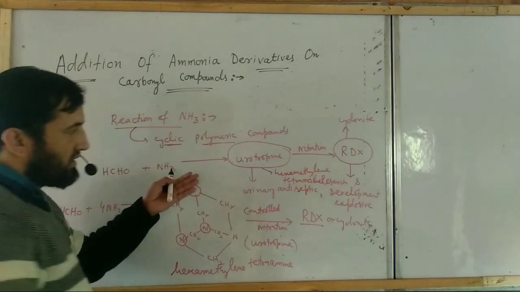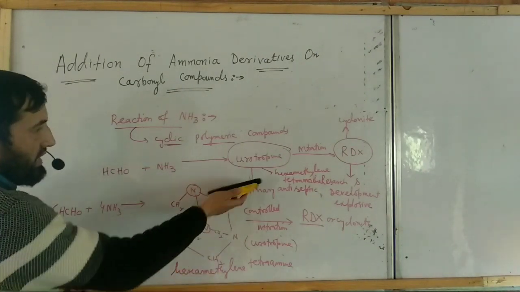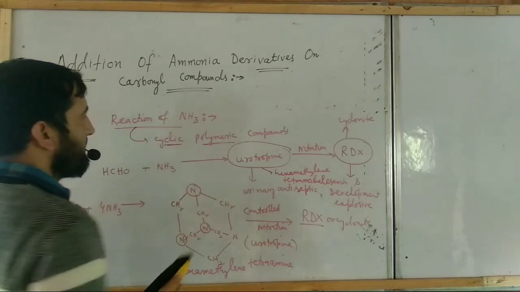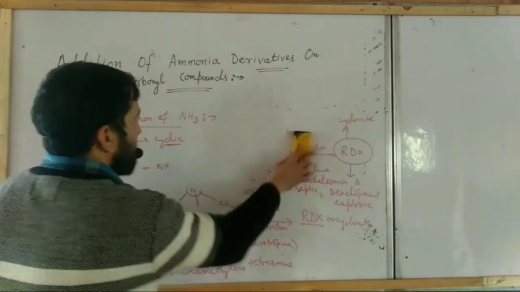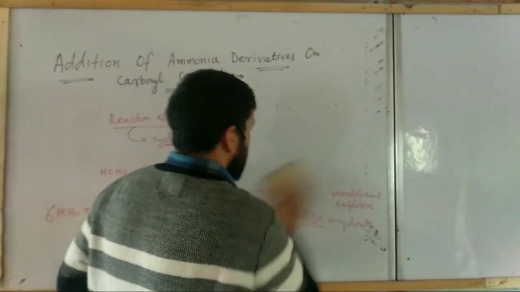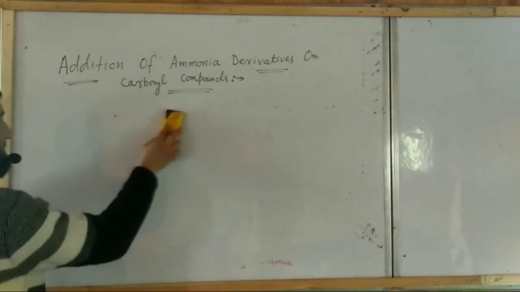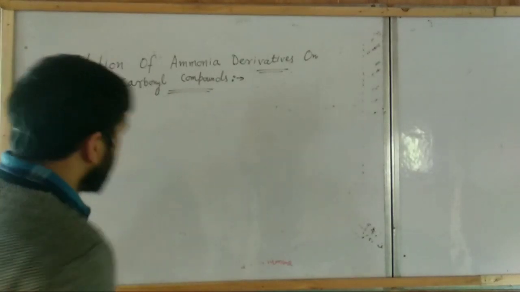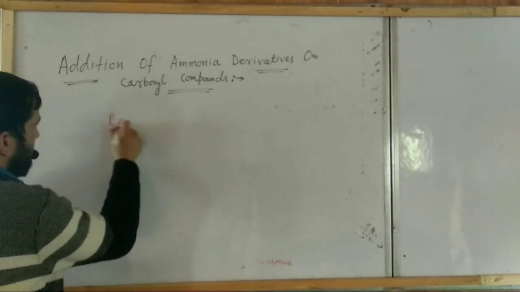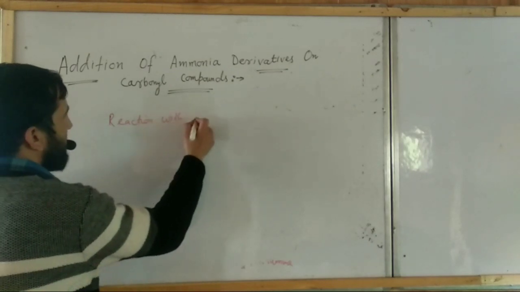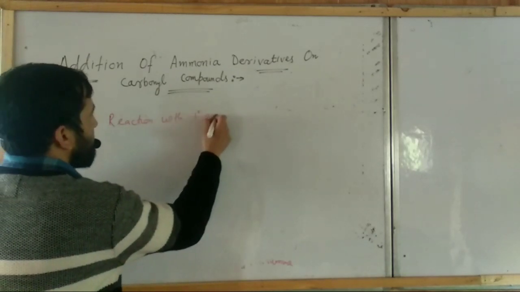Now there is a last reaction of these ammonia derivatives of aldehydes and ketones, that is the reaction with primary amines. So, reaction of aldehydes and ketones with primary amines, 1 degree amines.